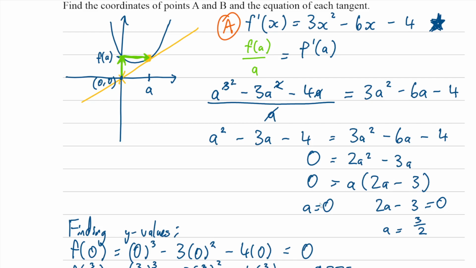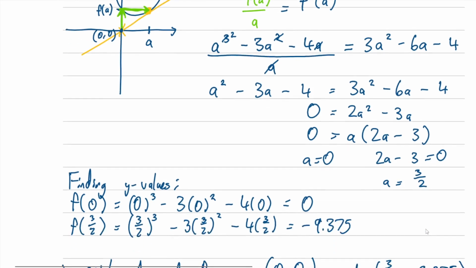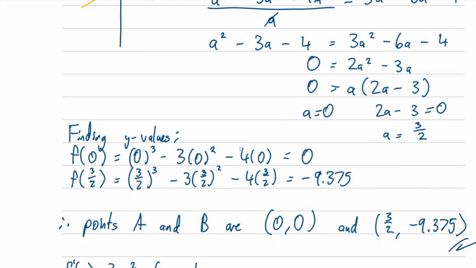We factorized and solved for a, which tells us that on the cubic, when x equals 0 or 3/2, the tangent lines at that point would also pass through the origin. Finally, we found the y values using the original function. When x is 0, y is 0. When x is 3/2, y is -9.375.